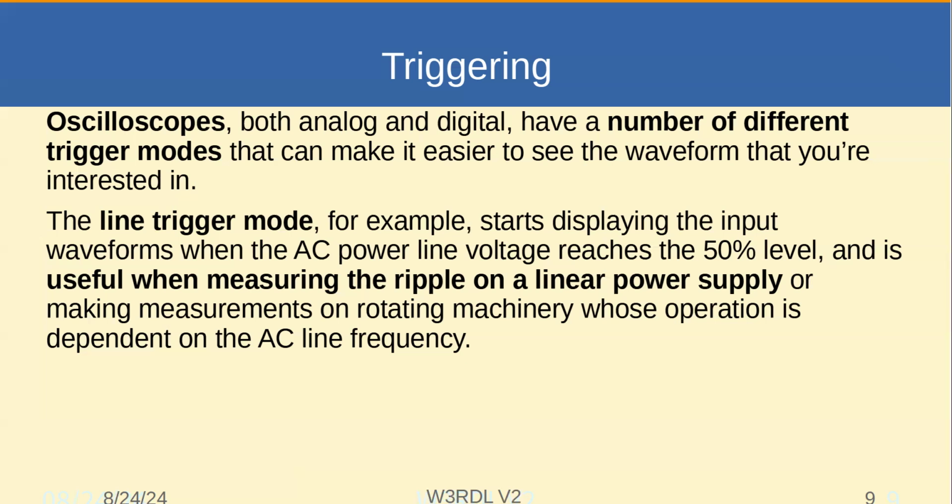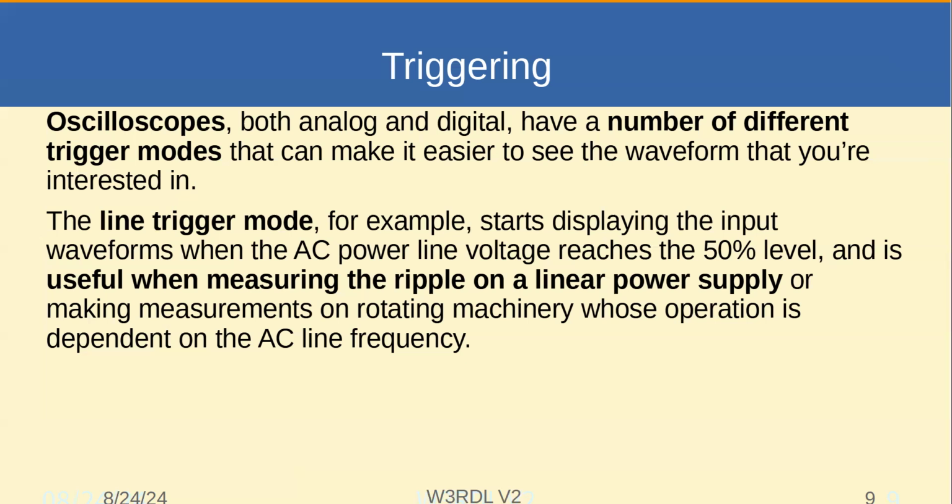So in their example here, if you were looking at a linear power supply, if it's going to have any ripple in the output, it's probably 60 cycle or 120 cycle ripple, because it's generated from an AC signal, 60 cycle signal.